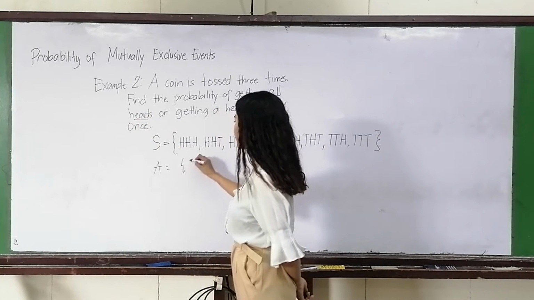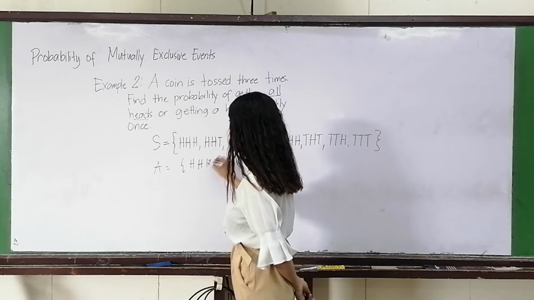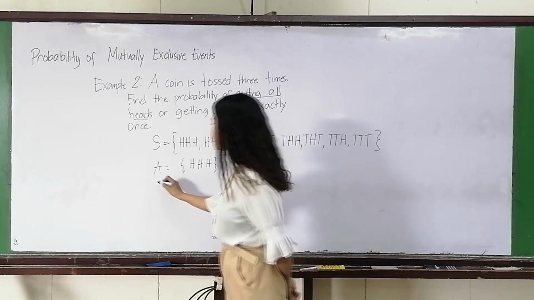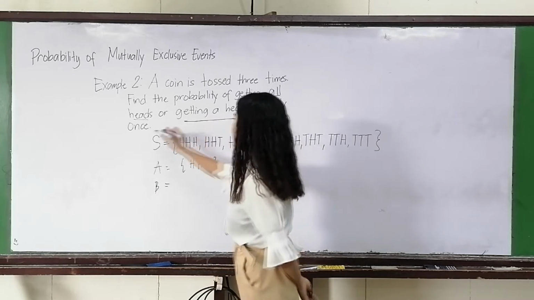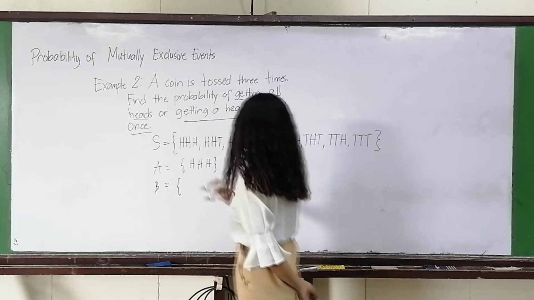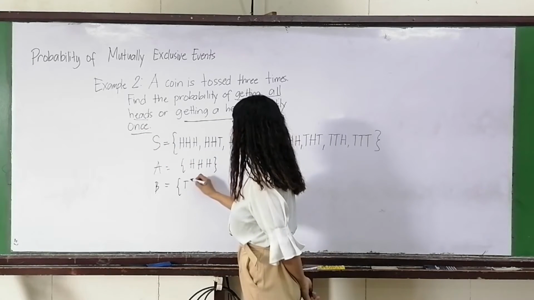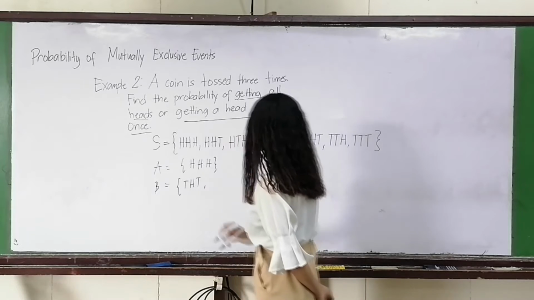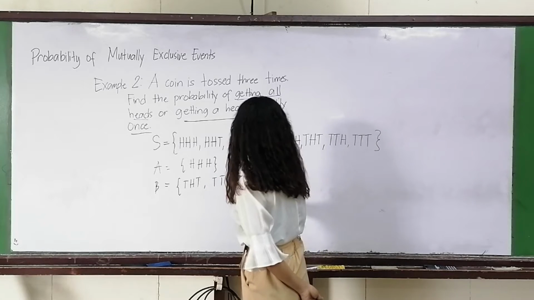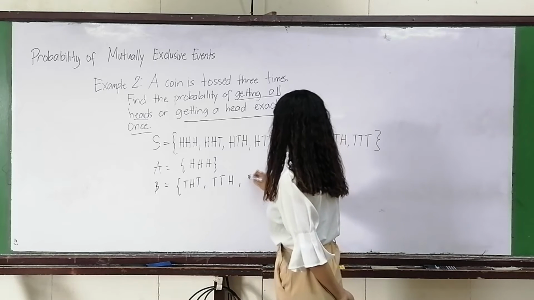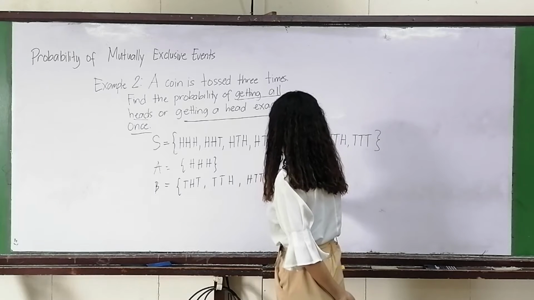So that is H, H, H. And let B be the event of getting a head exactly once. So that is T, H, T, T, T, H, and H, T, T.